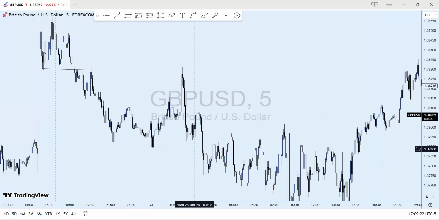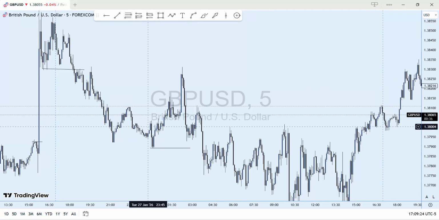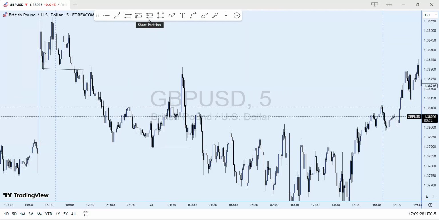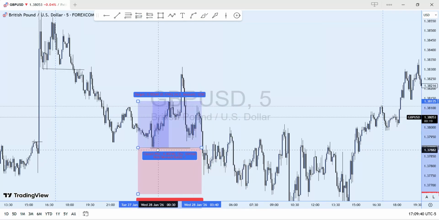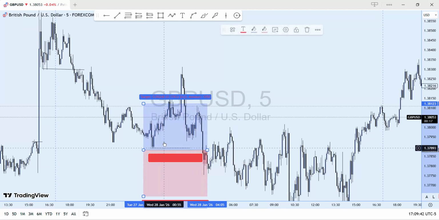So the market came down and I placed my entry here. I placed my entry just below this place, just below this low. Before the market moved, I thought the market would come back from this place, but it didn't come.